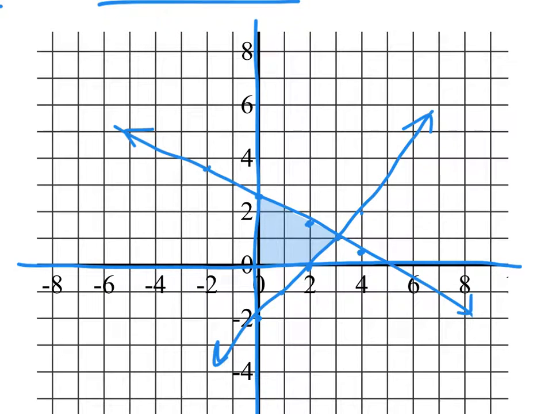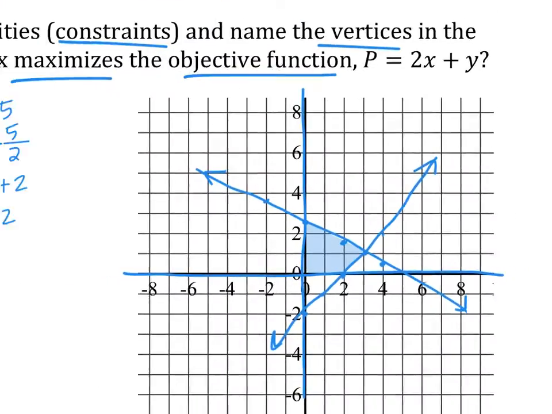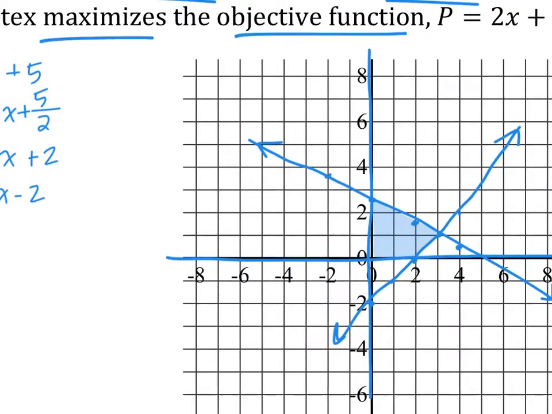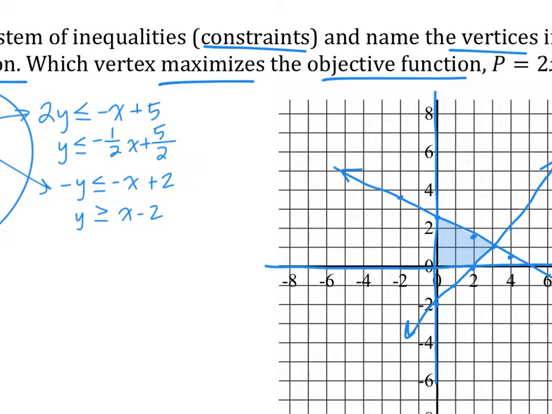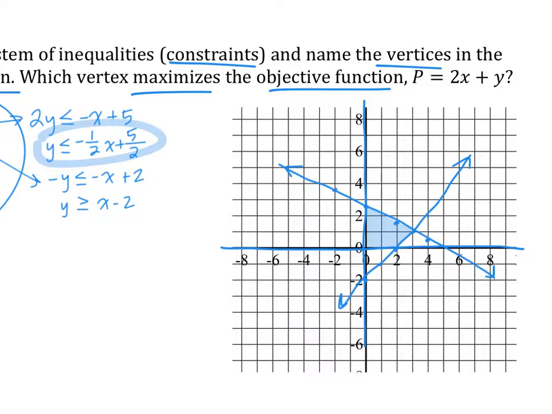Any questions on getting this? Okay, I have a lot of confused faces. What's going on? Yeah, I'm just confused about the shading part. Okay, so this first one, let me color the line. That is this line. So this one we're going to shade down. Okay, and then the second one is this one.